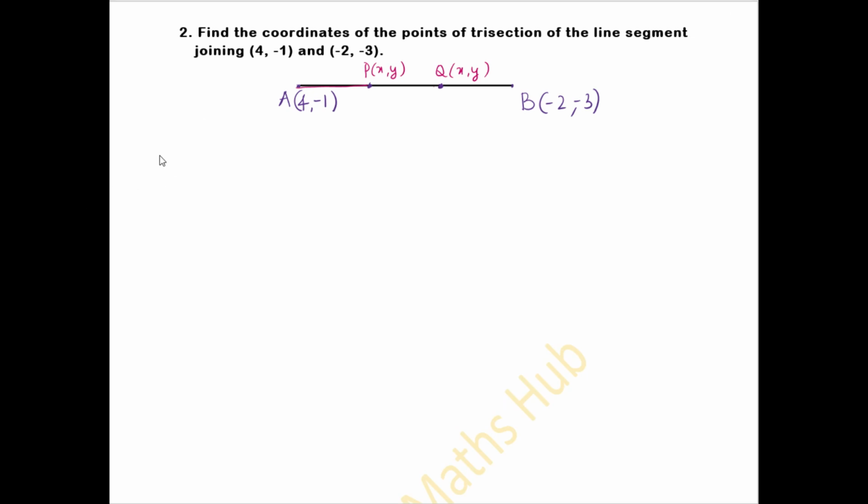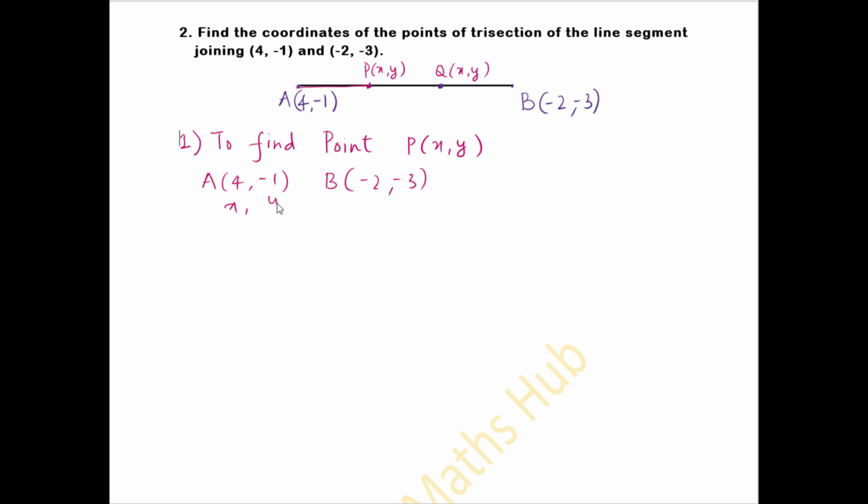Now the first step is to find the point P(x, y). To find P(x, y), the 2 points, that is x1, y1, will be 4, minus 1 and x2, y2 will be minus 2, minus 3.